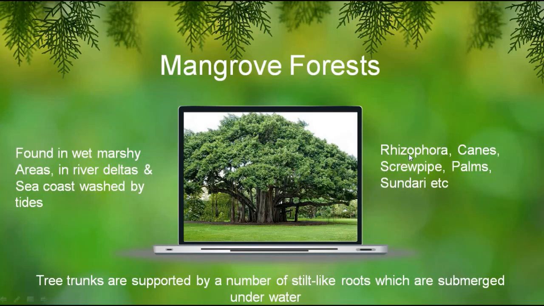The main trees found here are Rhizophora, canes, screw pine, palms, sundari trees, etc. Sundari trees are found in the Ganga Brahmaputra Delta. That area, sundari trees are common and found in larger numbers. That's why that forest is called Sundarban.